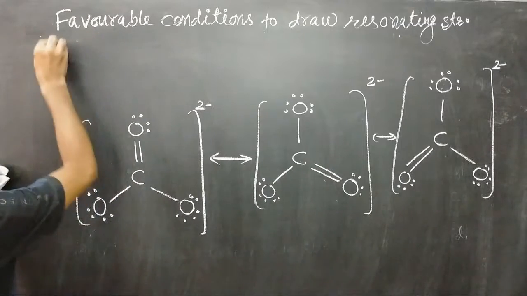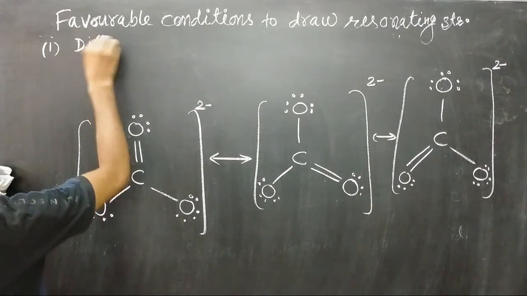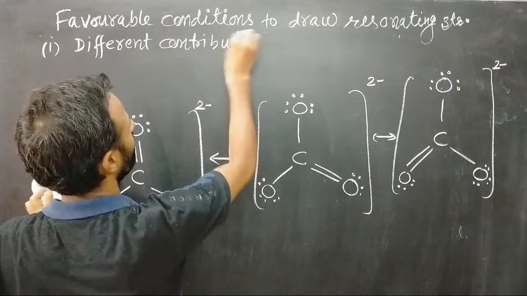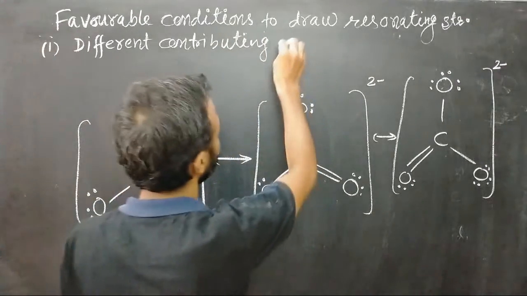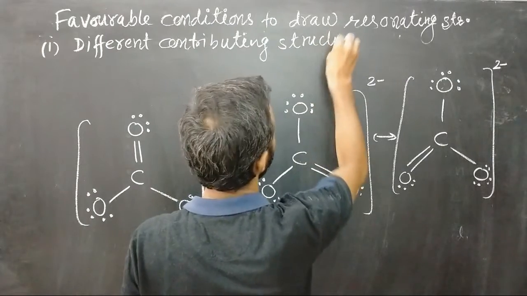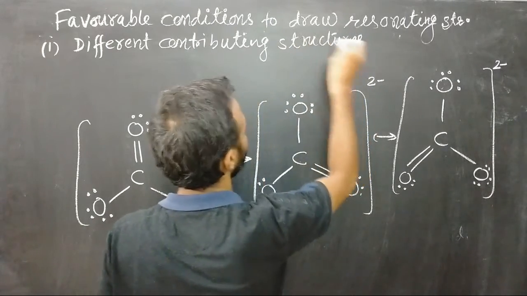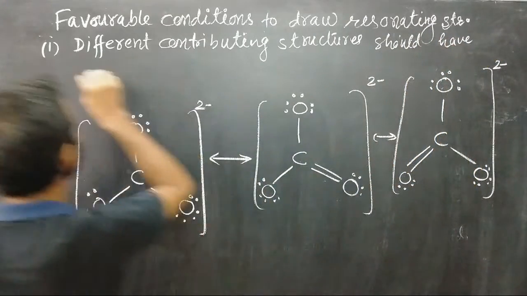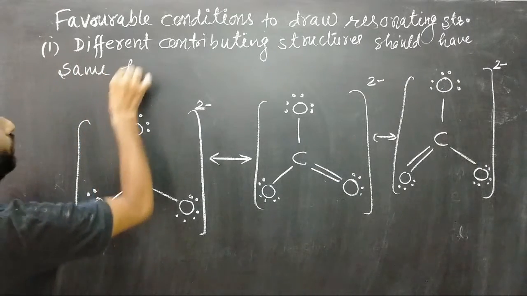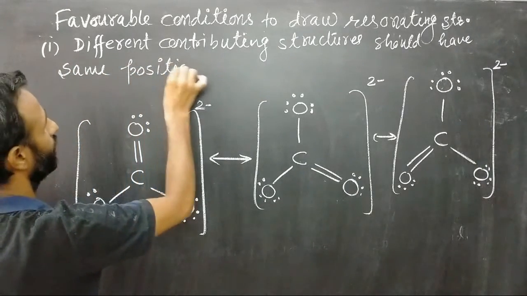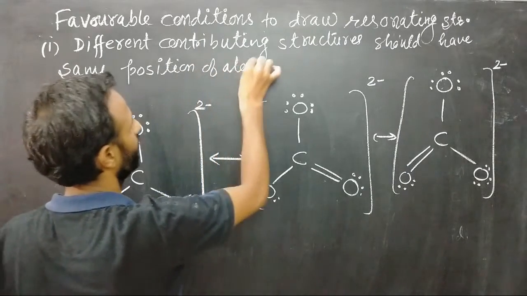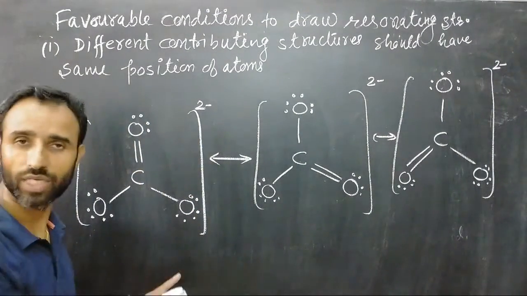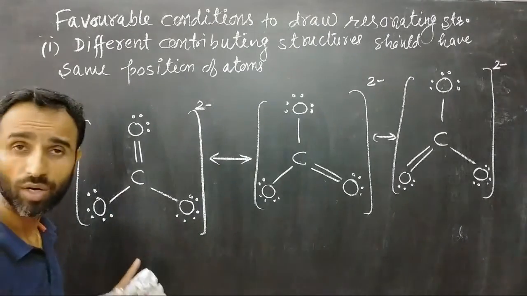Means different contributing structures or resonating structures should have the same position of atoms. That you can see. In all of them, the position of the atoms is the same. There is no change in the position of atoms.